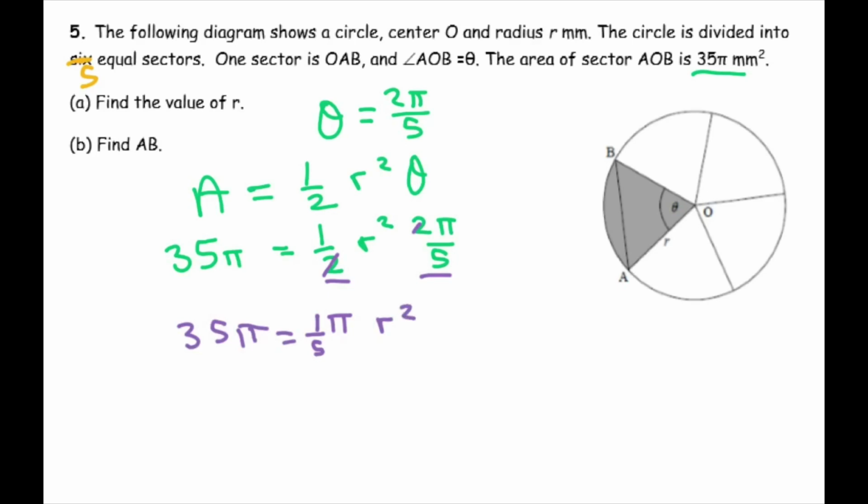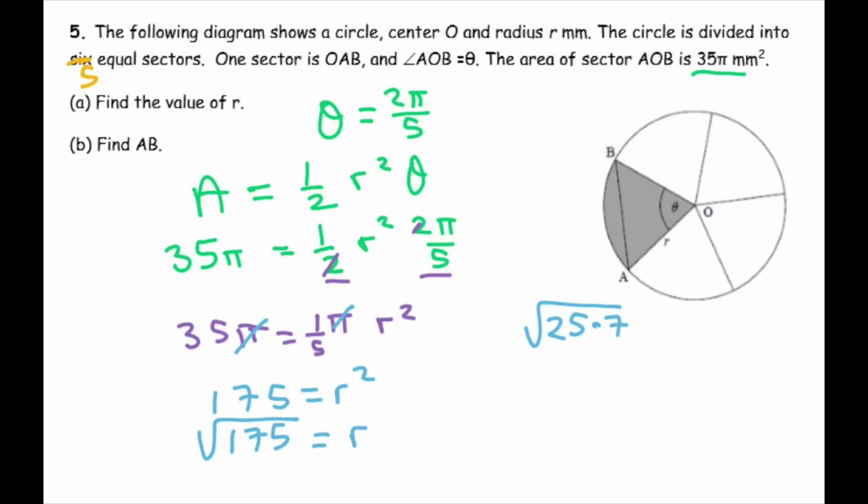Now the pi's cancel, and you multiply both sides by 5, and you're going to get 175. And therefore r equals the square root of 175. If you want to simplify that, that would be 25 times 7, which equals 5 square root of 7. That's your r.